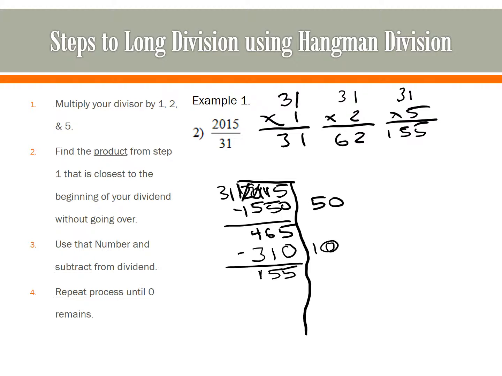And look at that, 155 is the exact same thing as 31 times 5, so we're going to use that number, subtract, and we end up getting 0 left over, which is exactly what we wanted. We add all these up, and we end up getting 65. And you know what? That kind of makes us pretty happy.